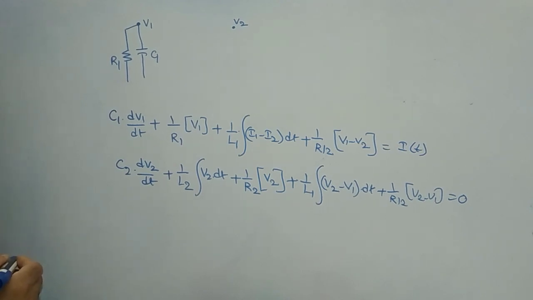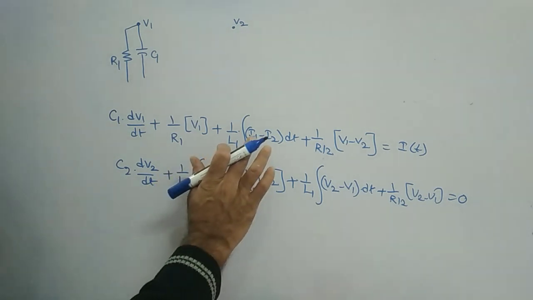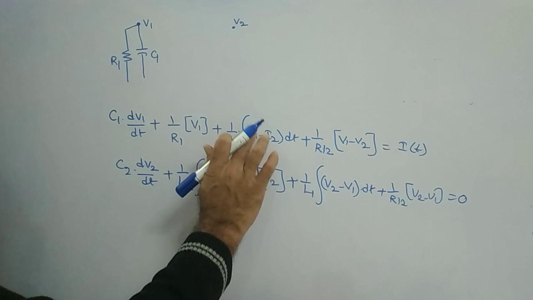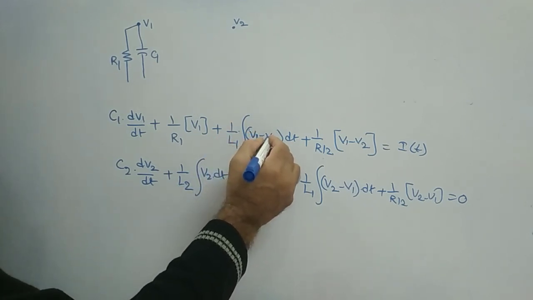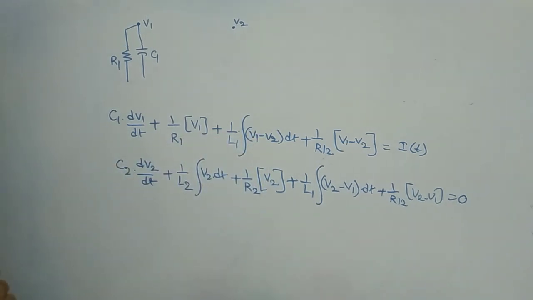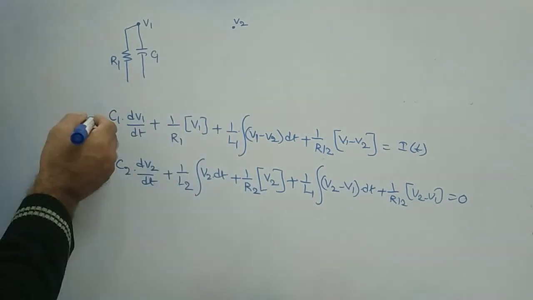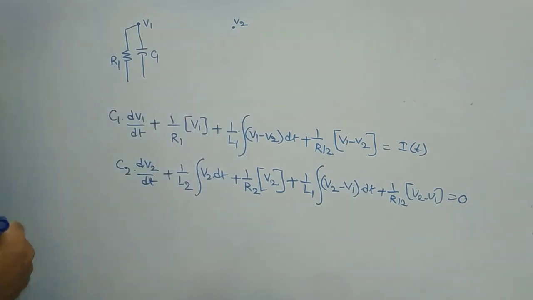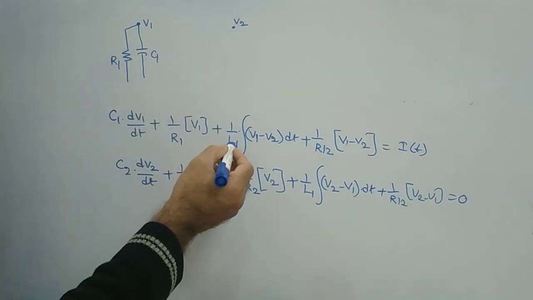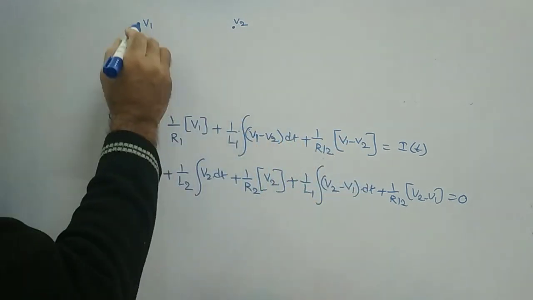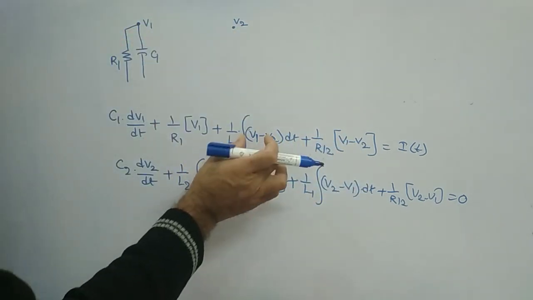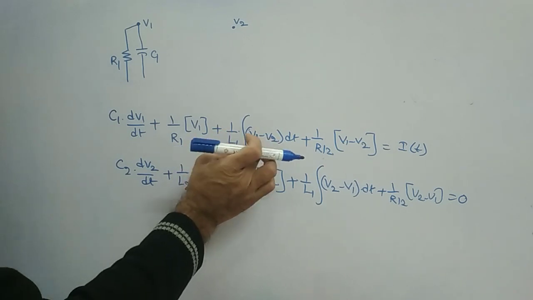I think it's not I1, it's V1, sorry, V1 minus V2, because this is the current equivalent, so your current comes in terms of voltage. Therefore 1 by L1 and 1 by R12 correspond to V1 minus V2, so the L1 will be in between V1 and V2.